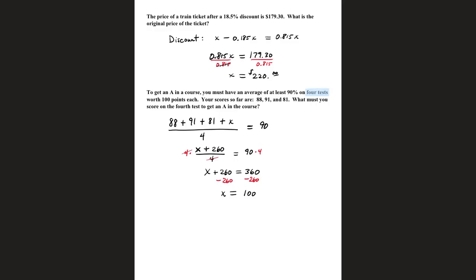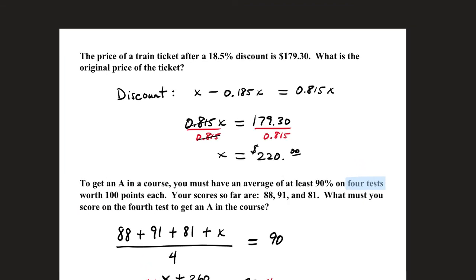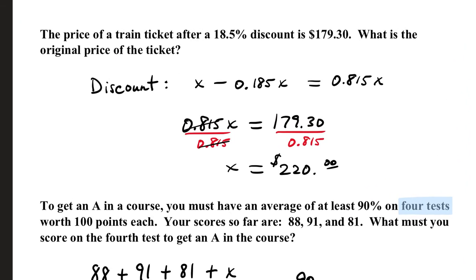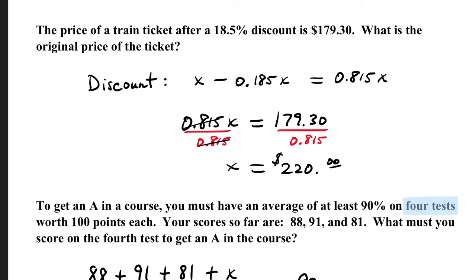We also looked at purchasing a train ticket. The price of a train ticket after an 18.5% discount is $179.30. What's the original price of the ticket? Well, we're not paying full price, so we let X be the full price.